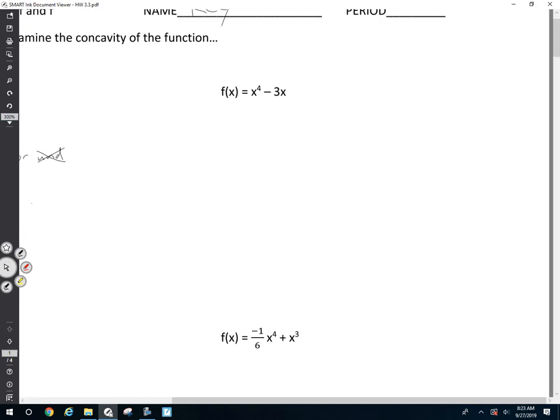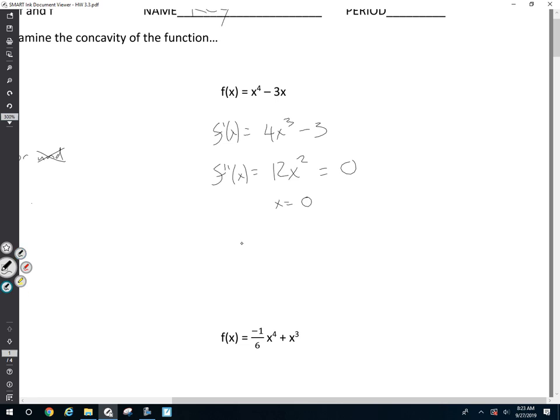All right, let's see this guy. I get 4x cubed minus 3. We're going to examine the concavity, so we're going to analyze the signs of my second derivative. I get 12x squared. Set that equal to 0, I get 0.